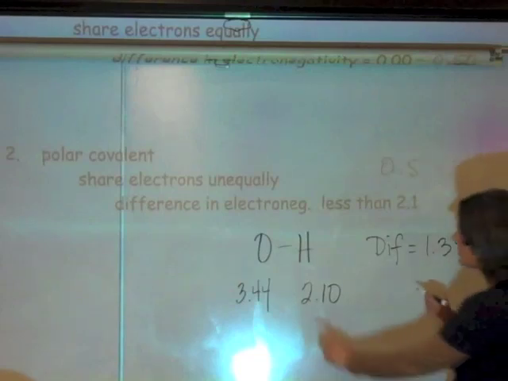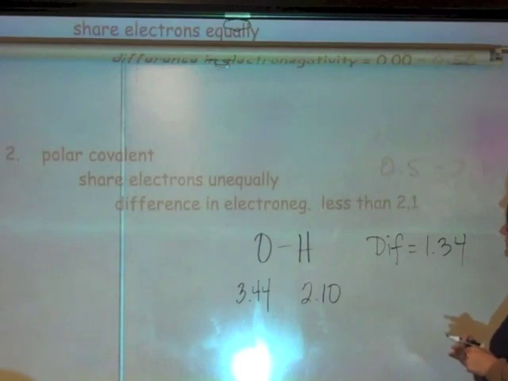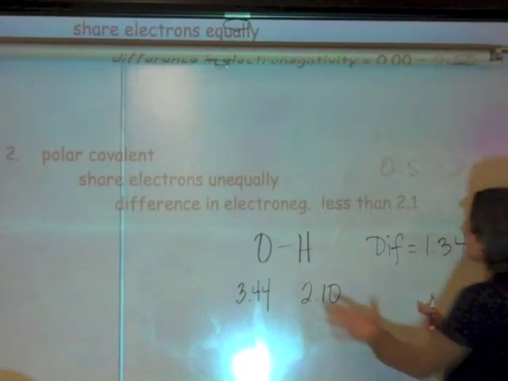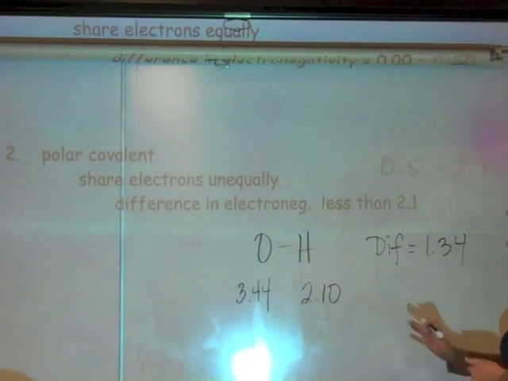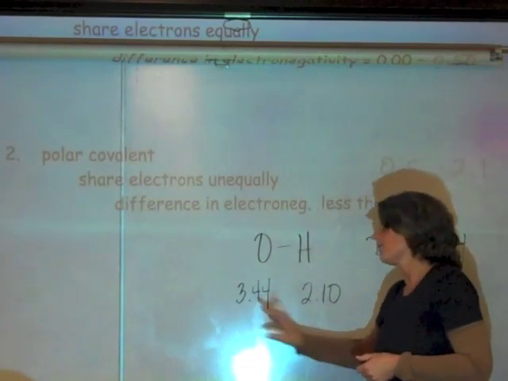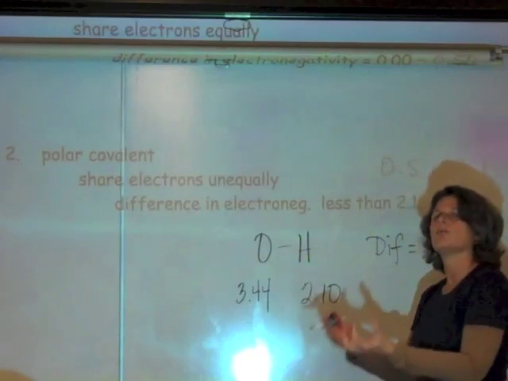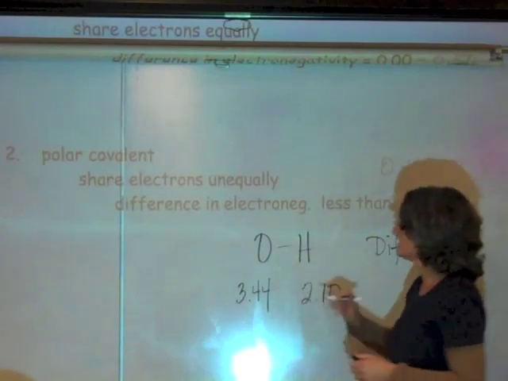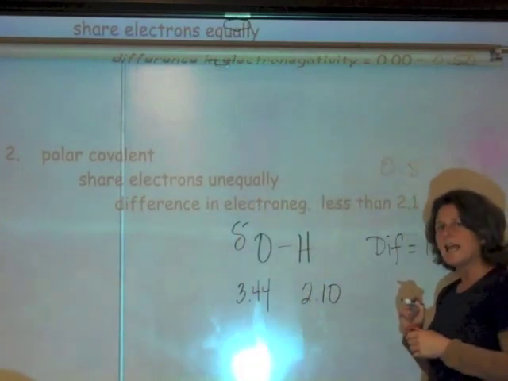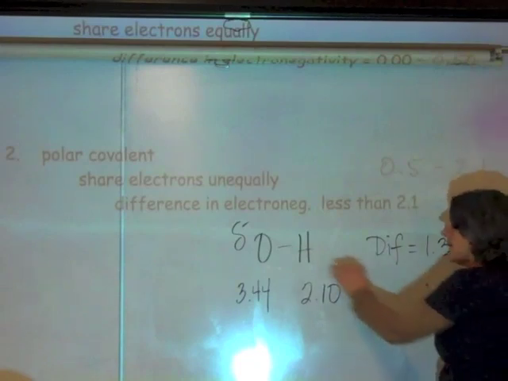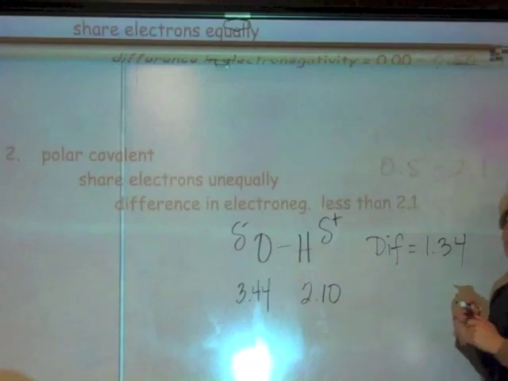Now, because oxygen has this greater electronegativity, this is going to be a polar bond, meaning that it's going to attract the electrons to it more strongly. So we're going to say that the oxygen is electronegative, and the hydrogen is electropositive.